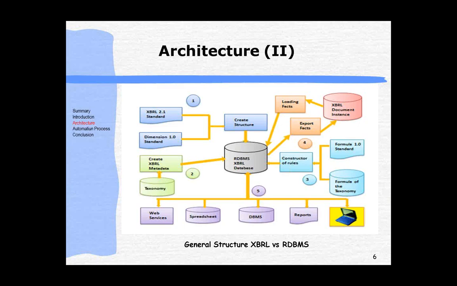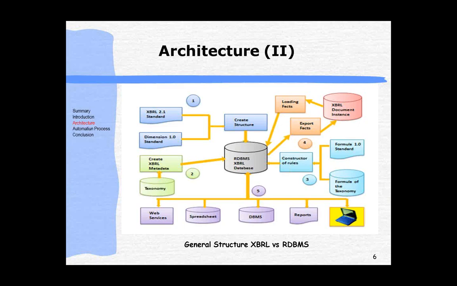And the facts, the primary items, are equivalent to the basic concepts. The third step is to load the facts from the XBRL document instance, and in the same way, to export this data, the facts, to a document instance.